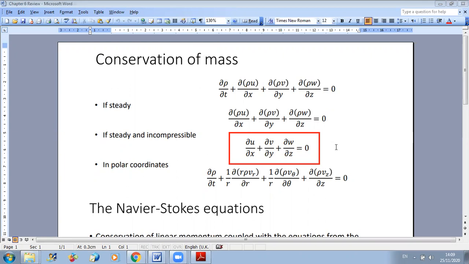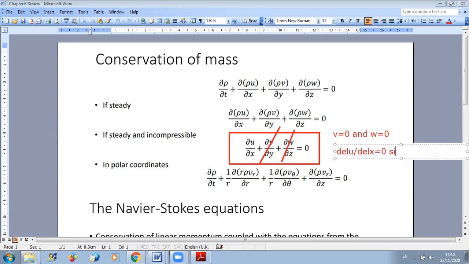In the problem here, they told you that V is 0, and W is 0. From this you can deduce that these two terms will cancel out, and I will end up only with del U over del X equals 0. So what can I deduce now?